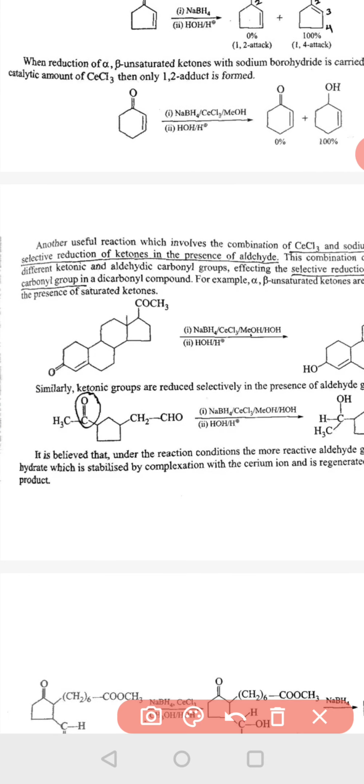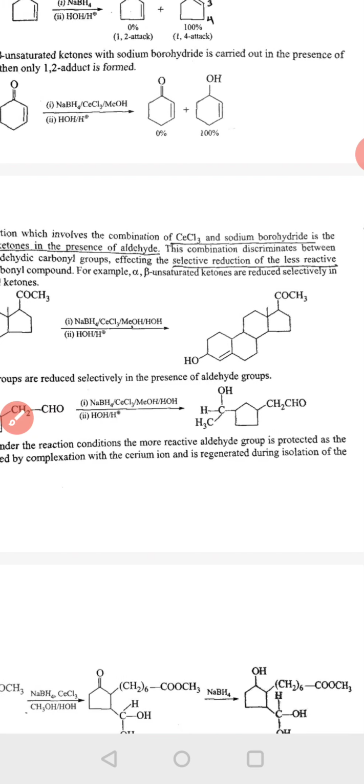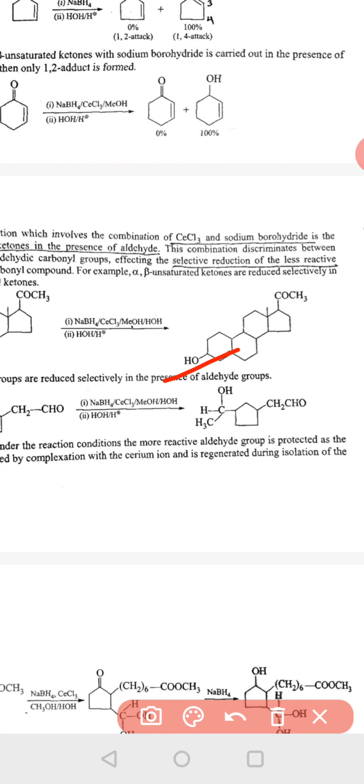This is an example of such a compound. This is the saturated ketonic group and this is the alpha beta unsaturated ketonic group. Here the more stable and the less reactive alpha beta unsaturated carbonyl group is reduced to secondary alcohol, and this carbonyl group is left as it is in the product.